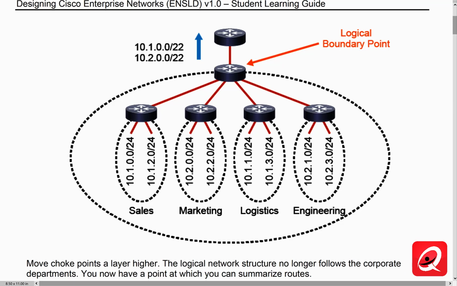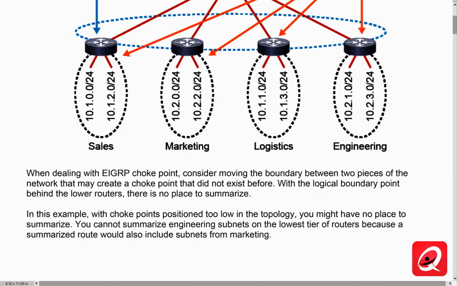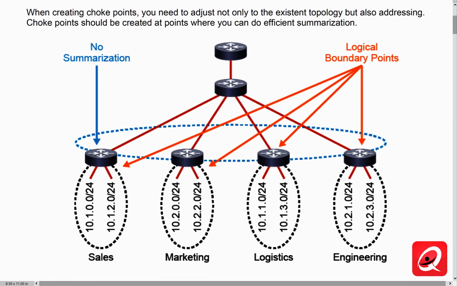Same thing would go for the 10.2.0.x subnet, right? 0, 1, 2, and 3. We can summarize those in a block of 4 as well, starting at 0 with a /22. But that wasn't the point of the exercise here. The point was that we could not extend the summarization boundary down to the spokes because the summary that sales would have to generate would be the same summary that logistics would have to generate.